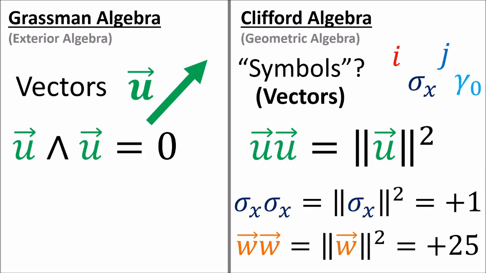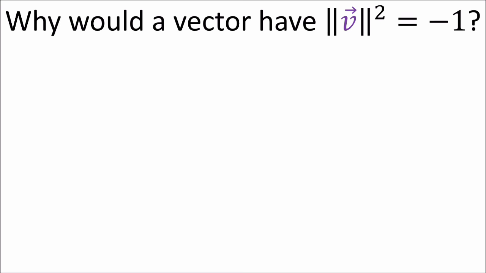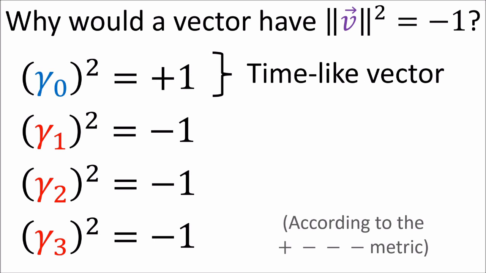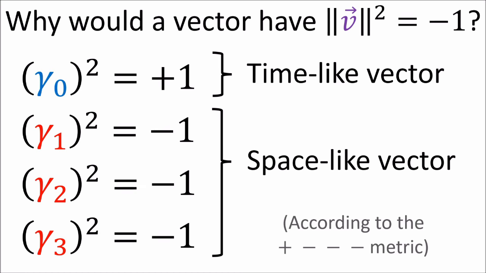Likewise, a vector of length 5 will square to +25 or -25. If you're confused about why a vector would square to -1, this ends up being useful in special relativity when we need to tell the difference between time-like vectors and space-like vectors.